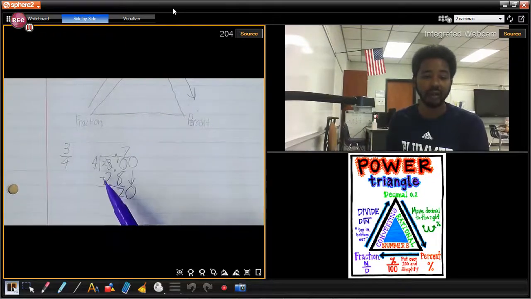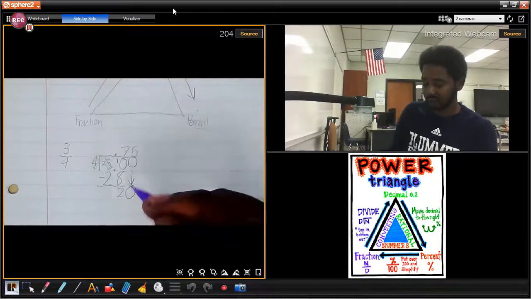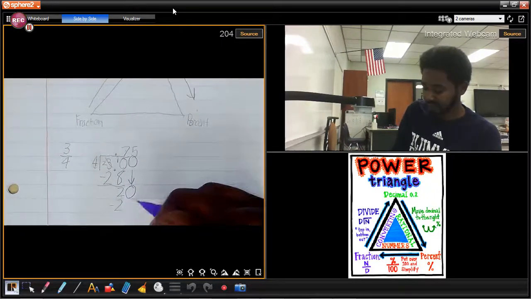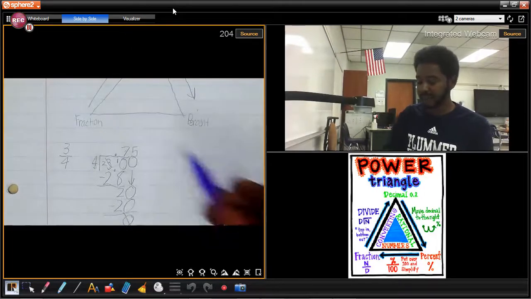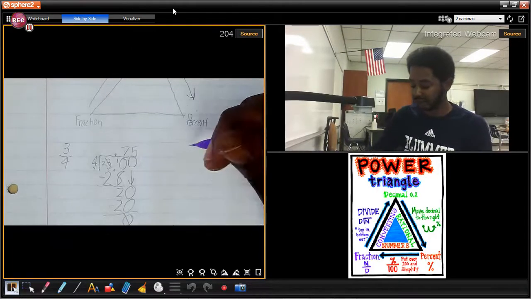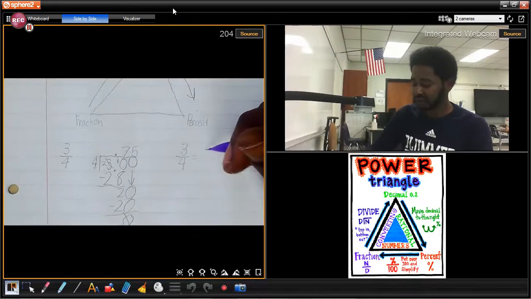Now we know that we can divide 4 into 20 5 times. 20 minus 20 is 0. So this is where we stop. That means the equivalent decimal for 3/4 equals 0.75.